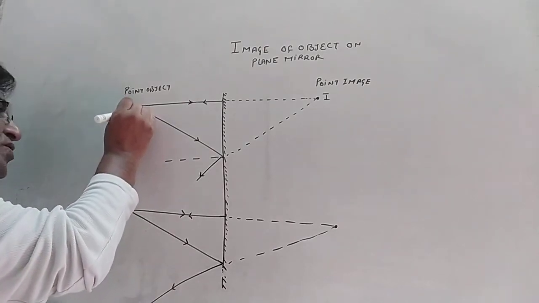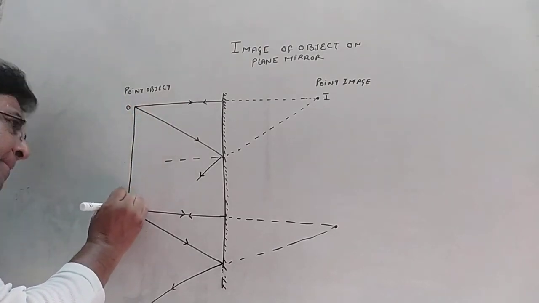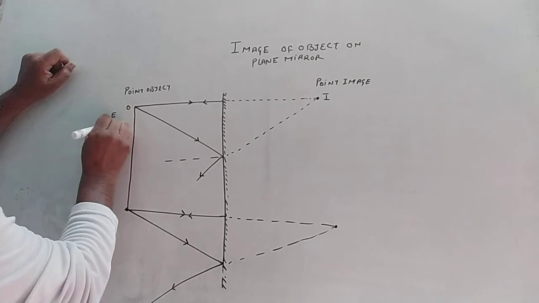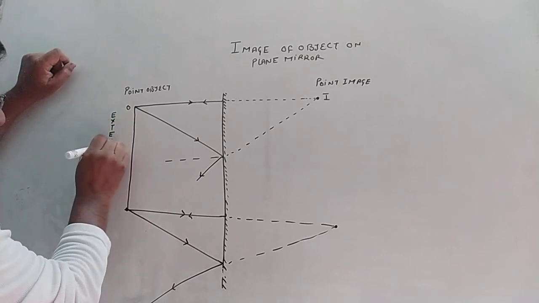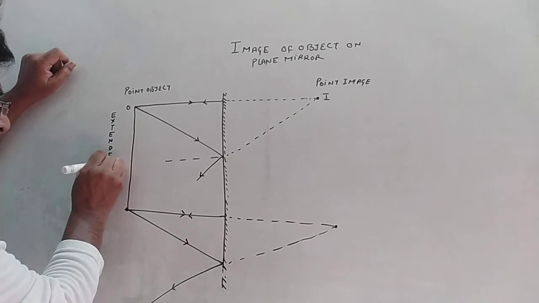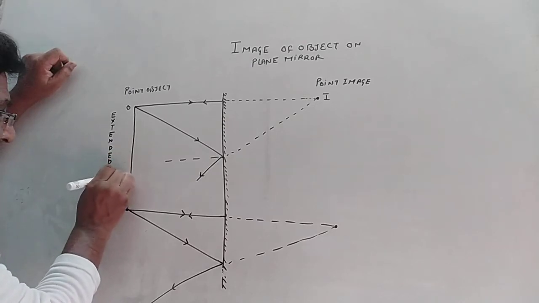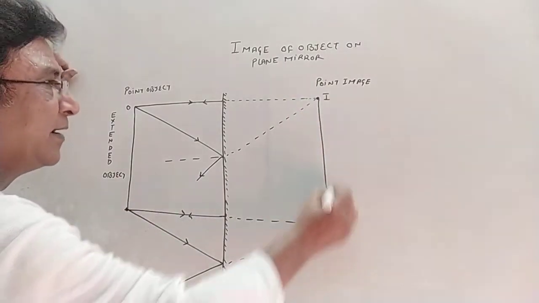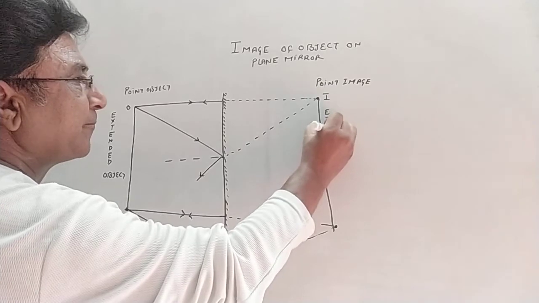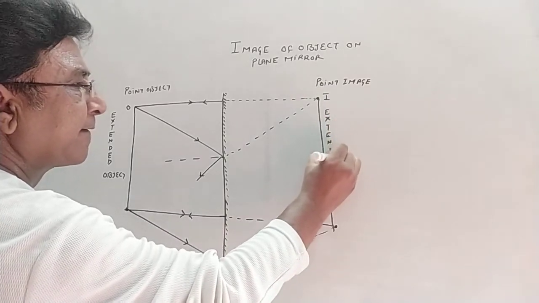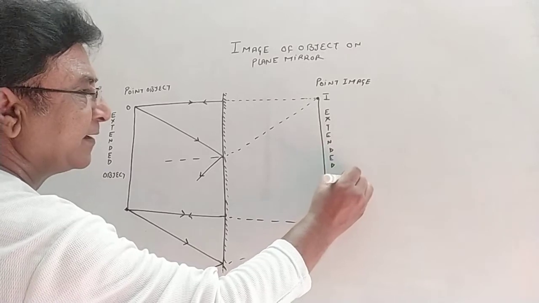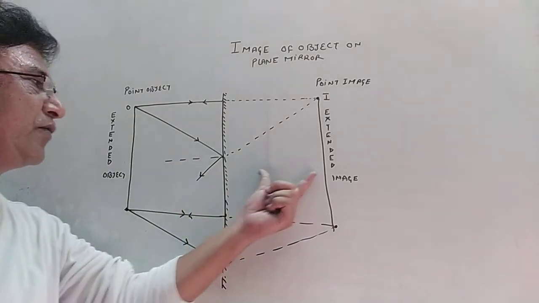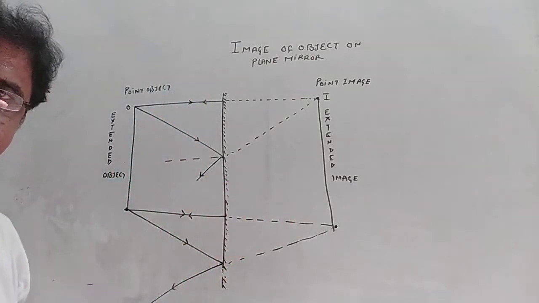Now join these two points. When we join these two points, it becomes an extended object. And these two image points will also join to form an extended image. So this way you can make an extended image of an extended object using a plane mirror.